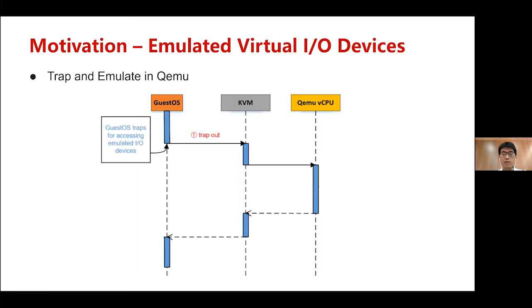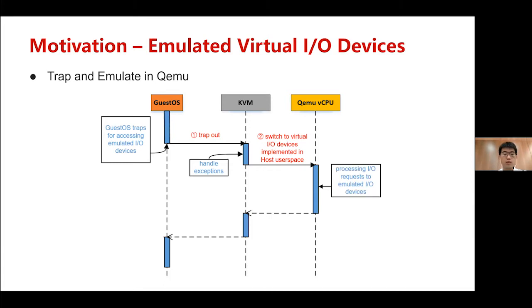Why do guests suffer performance loss while accessing emulated I/O devices implemented in the user level QEMU threads? Let's see the whole procedure. Firstly, to access emulated I/O devices, guests should trap out to KVM. And KVM will further transfer the I/O request to the user level by handling exceptions. Thus, context should switch from kernel to the user space.